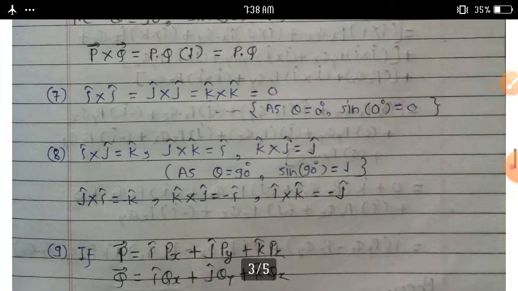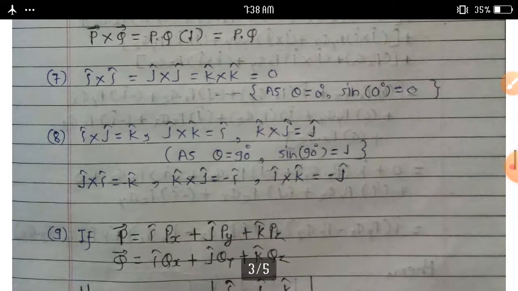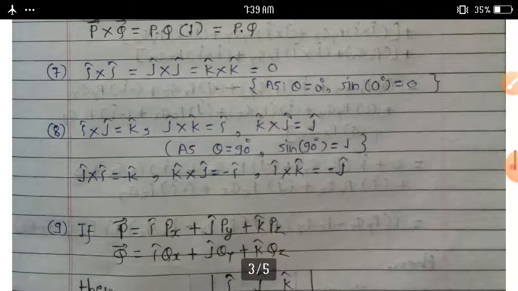We consider here two basic characteristics. For unit vectors, i cap cross i cap is equal to j cap cross j cap is equal to k cap cross k cap is equal to 0, as theta is equal to 0, sin 0 becomes 0.